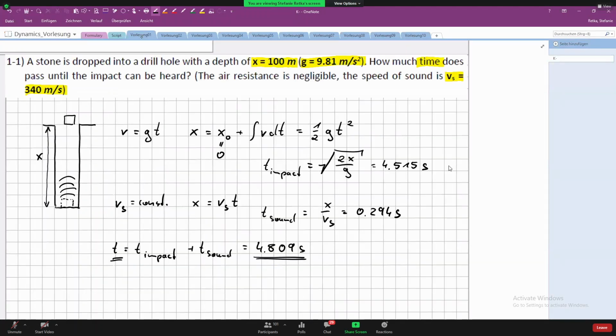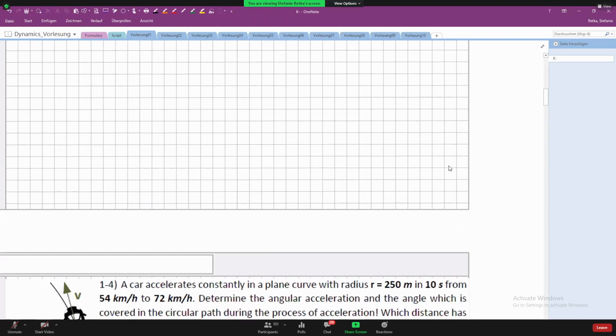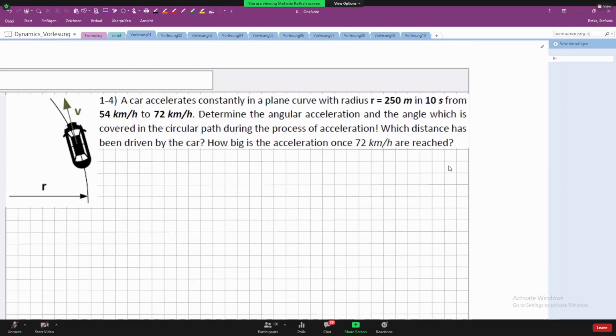Okay, there are no questions. We will do a second exercise, exercise 1.4. And here we have a car that accelerates constantly in a plane curve. Radius is given, the time is given, and it accelerates from 54 kilometers per hour to 72 kilometers per hour.